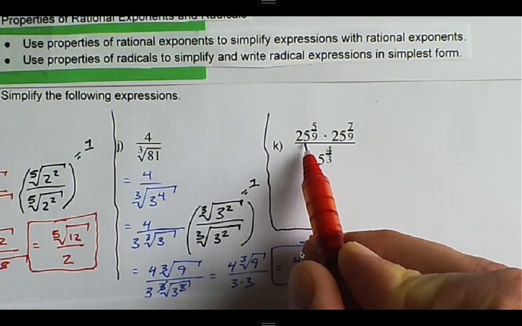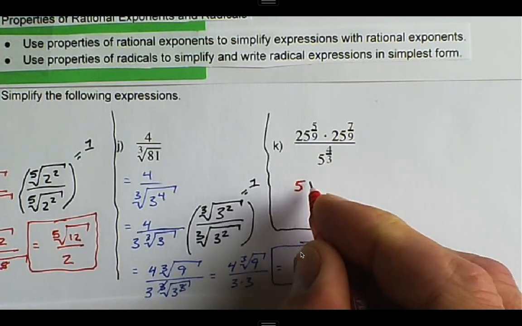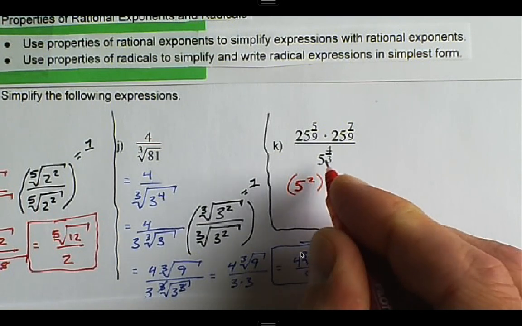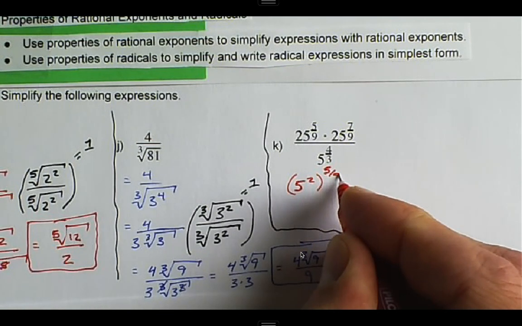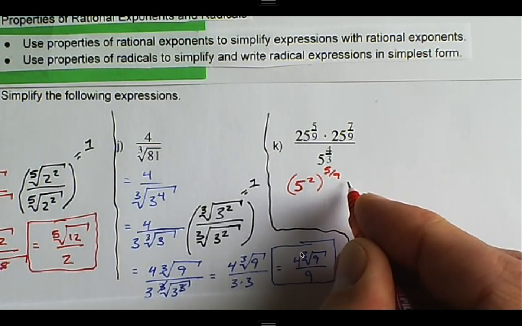So 25 can be rewritten as 5 squared. So that's 5 squared raised to the 5/9 power.